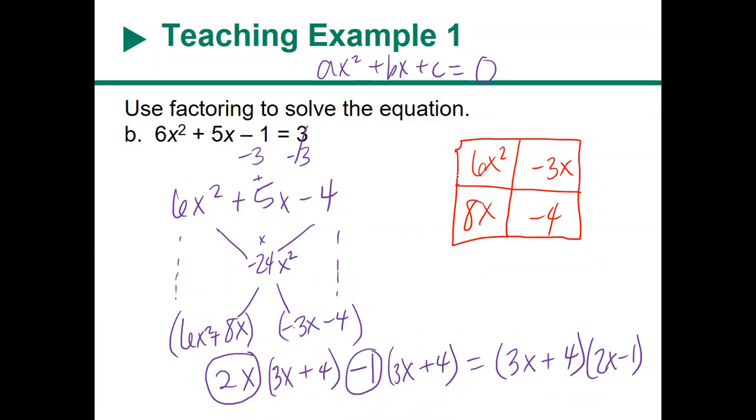So the GCF between this row is 3x, the GCF between this row is 2, and so your answer is 3x plus 4, 2x minus 1.